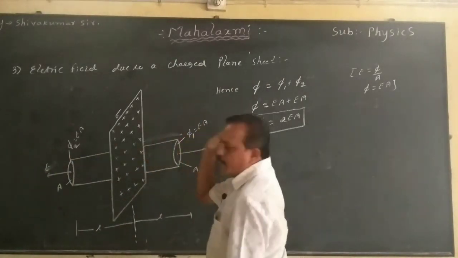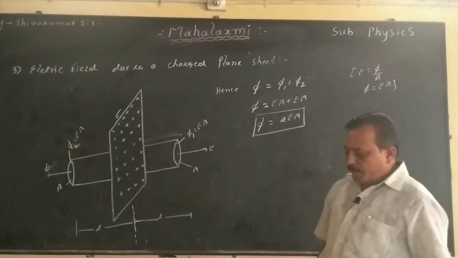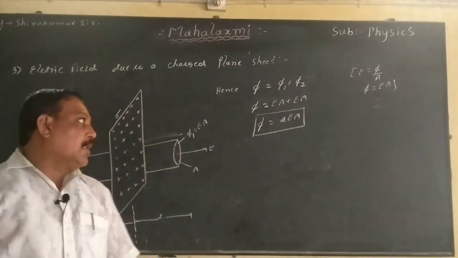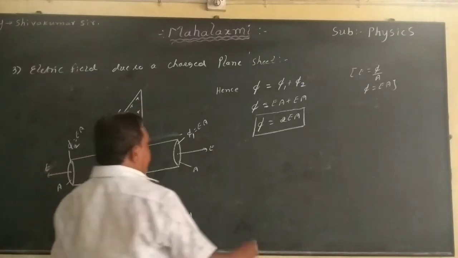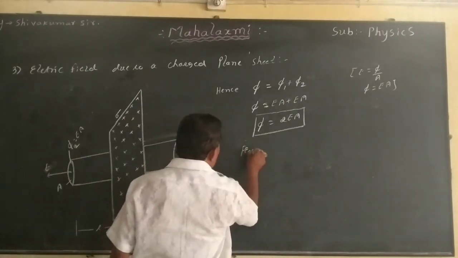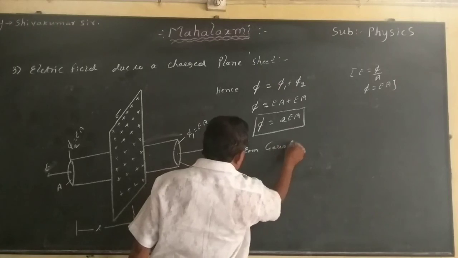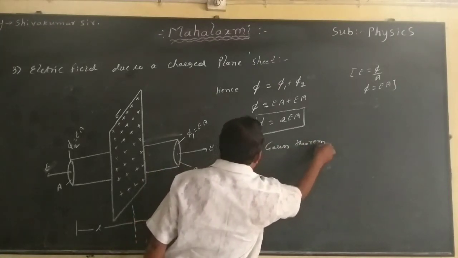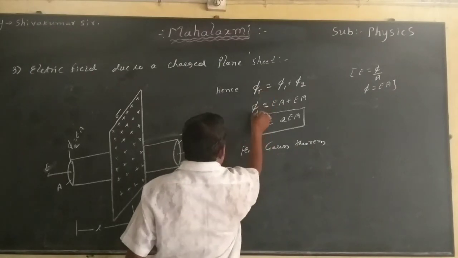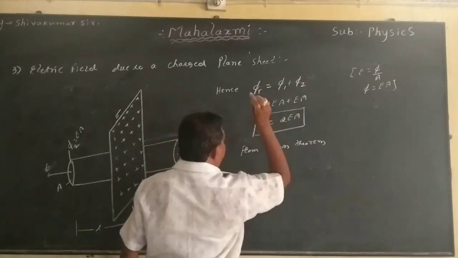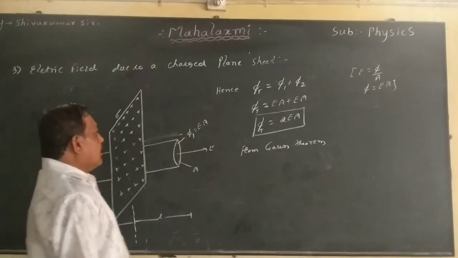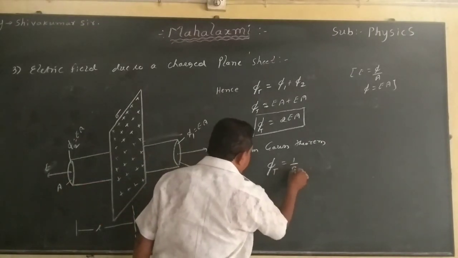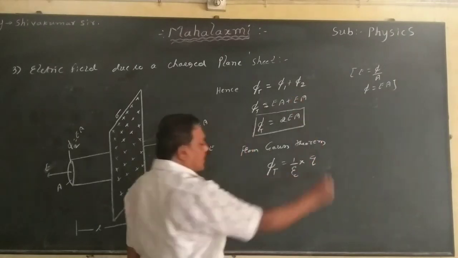both the surfaces. Then I deal with the charges which are distributed on the surface of the plane sheet, from Gauss theorem. I call it total electric flux. Don't be confused with that phi. From the Gauss theorem, total electric flux equals 1 by epsilon naught times the total charge enclosed.